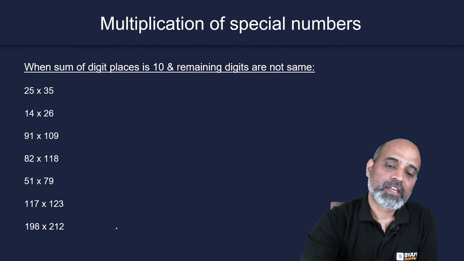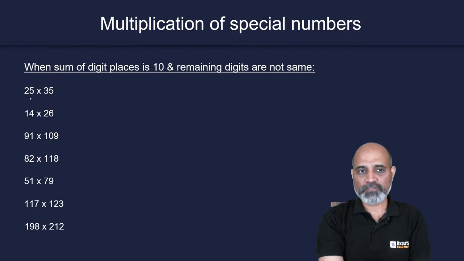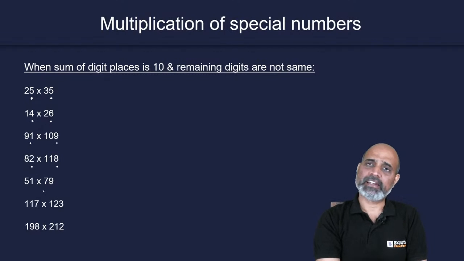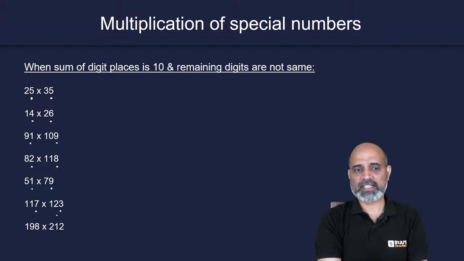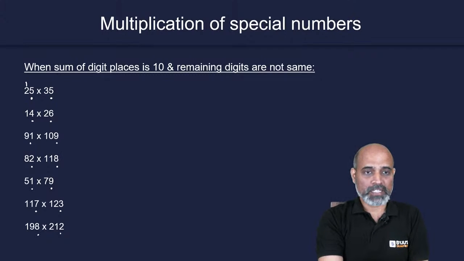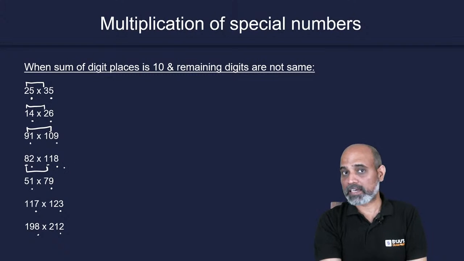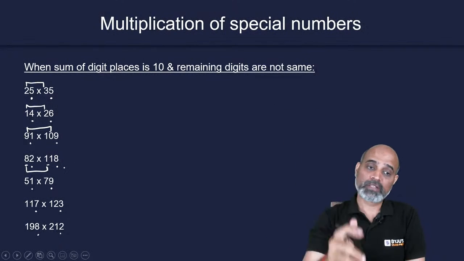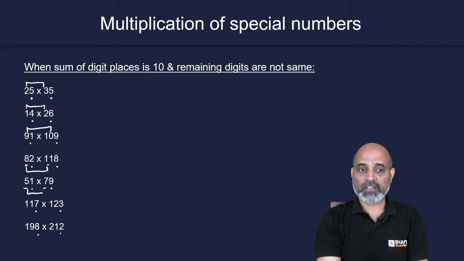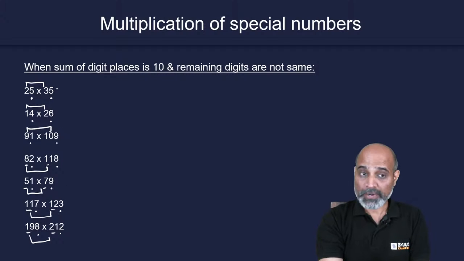Next, we have the same type of calculation where the sum of units places अभी भी क्या है 10 ही है: 1 + 9, 2 + 8, 7 + 3, 8 + 2, 5 + 5. बट ये जो डिजिट्स है ना, यूनिट्स डिजिट को छोड़ के, ये सेम नहीं है, ये अलग अलग है. आई एम नॉट सेइंग दैट दे हैव अ डिफरेंस ऑफ 1, 8 और 9 नहीं है, 8 and 11 है, तो बहुत दूर दूर है. You have got 5 and 7, you have got 11 and 12, you have got 19 and 21, right?